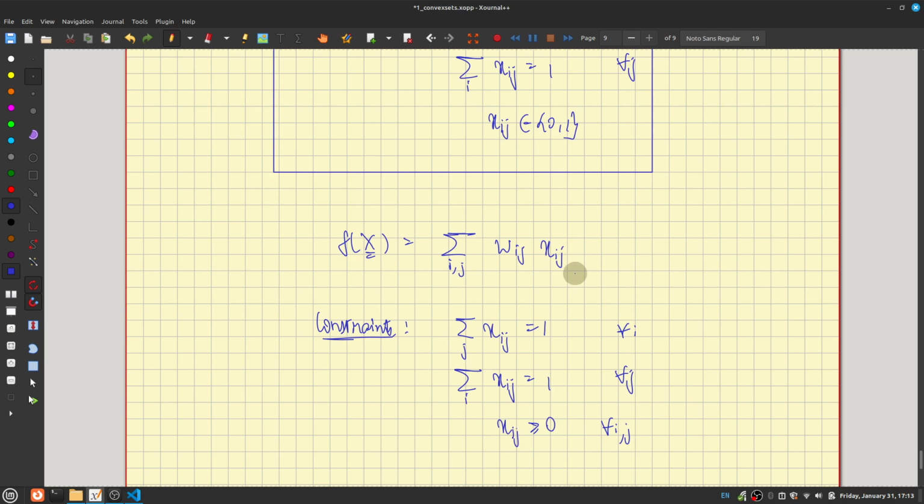So in general such an optimization problem is called a linear programming problem, because the objective function is linear and the constraints are also linear. So this is what I'll call the LP relaxation, or linear programming relaxation of my problem.